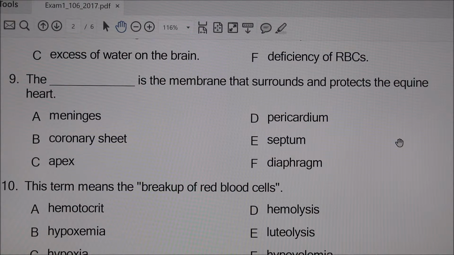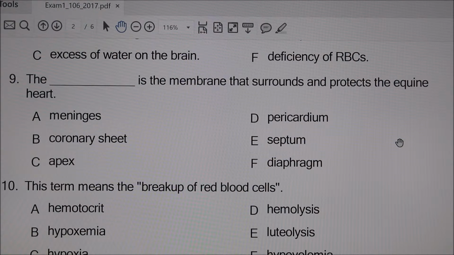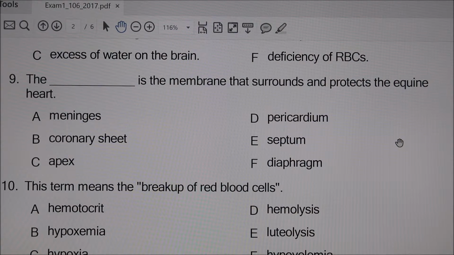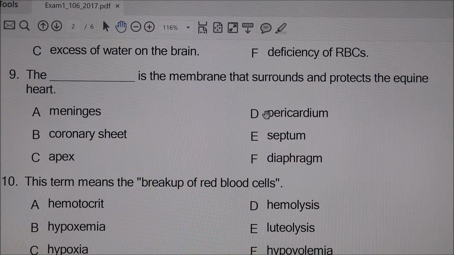All mammals would have this same answer. So the pericardium is the membrane that surrounds and protects the heart. Could be the equine heart, could be canine heart. So the pericardium, peri, P-E-R-I, means around the heart.